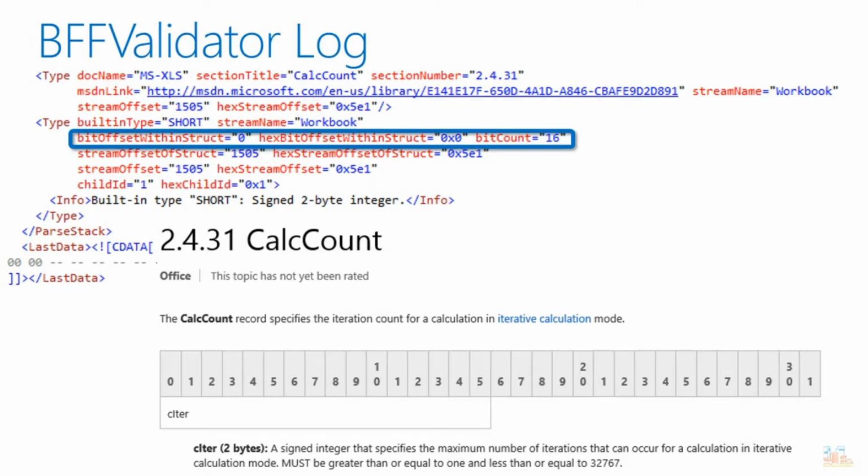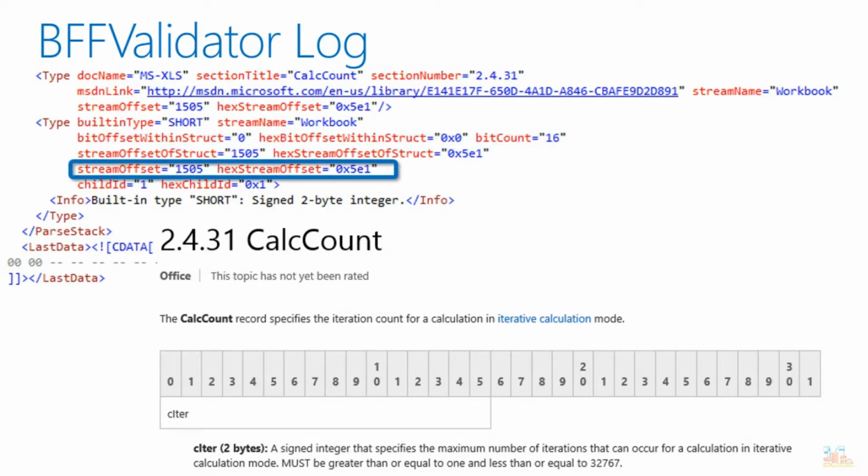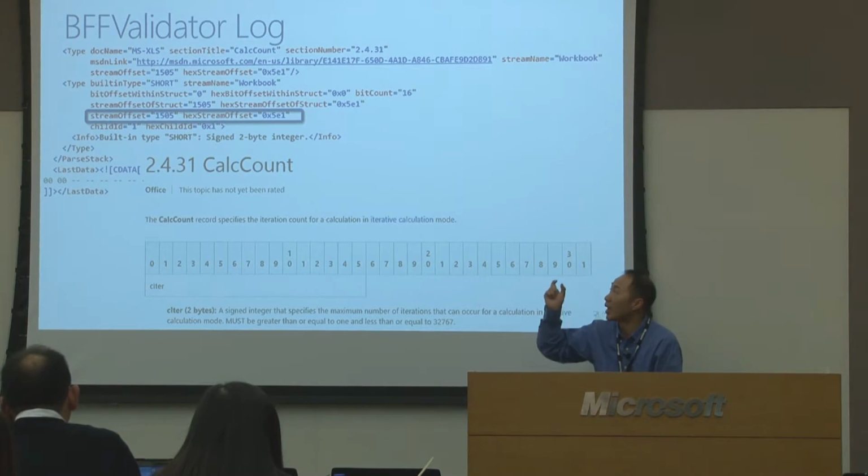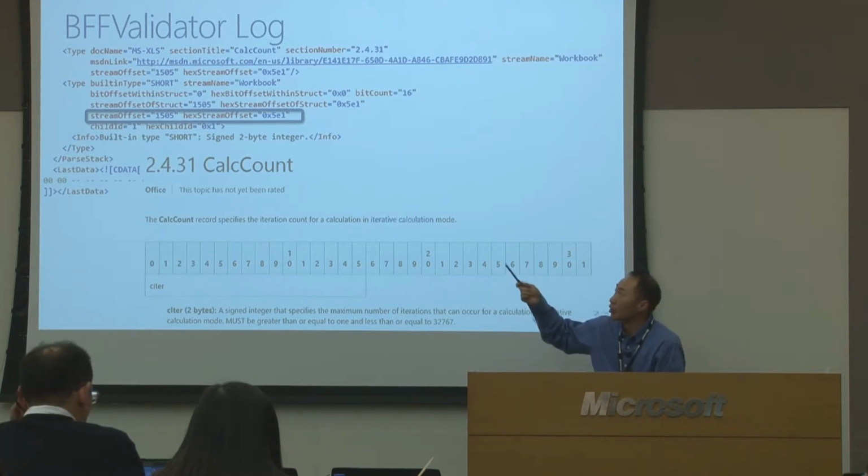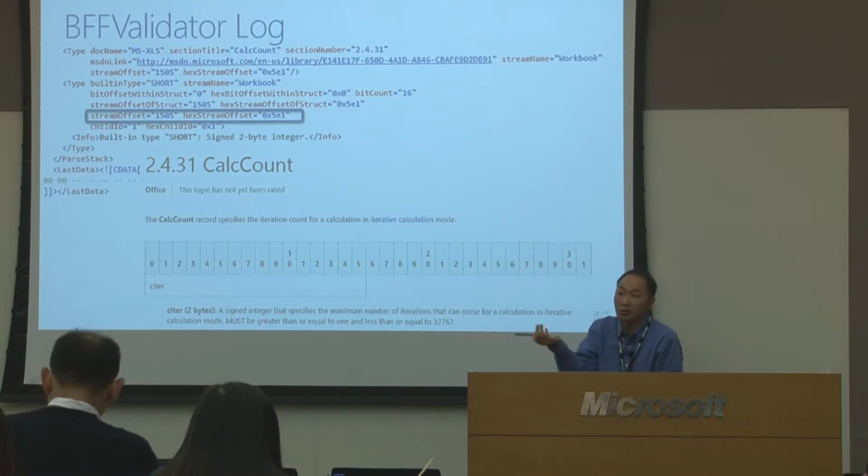And the stream offset is basically the addition of the other two properties. So this is the exact offset of the problem property. Because we are at the beginning of the structure, it has the same value.